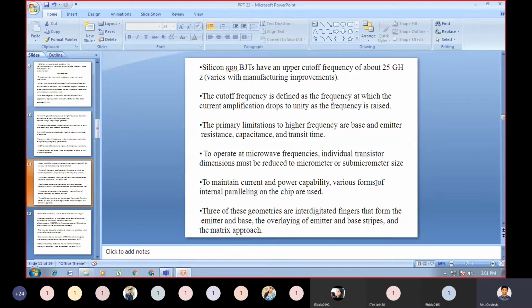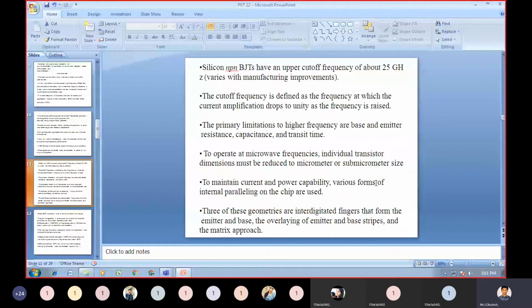To operate at microwave frequencies, individual transistor dimensions must be reduced to micrometer or sub-micrometer size.